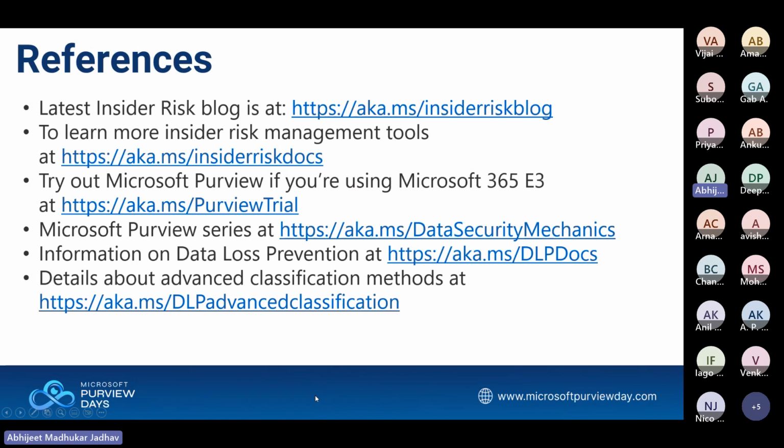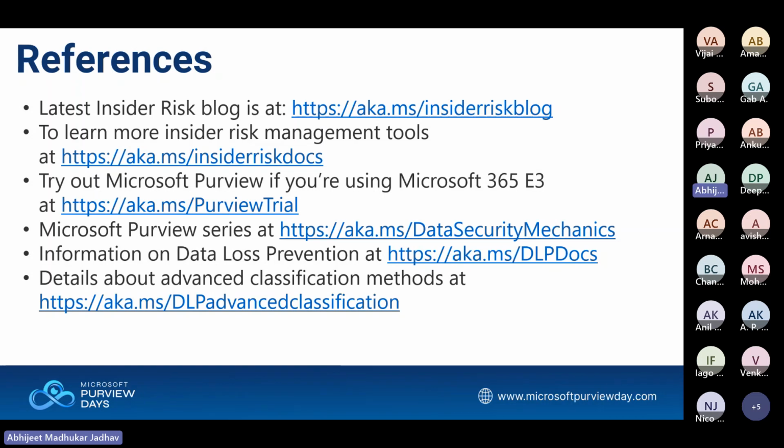So these are some of the references which will be really helpful for you to look into if you are very much interested in understanding insider risk management. There is also a Purview trial if you are using Microsoft. For all these services and licensing, you need an E5 license to use insider risk management.